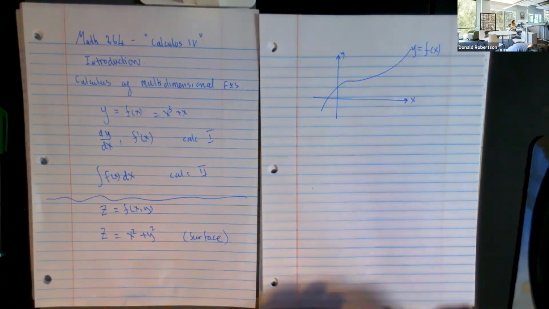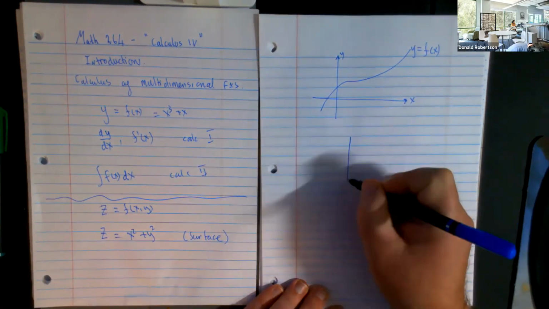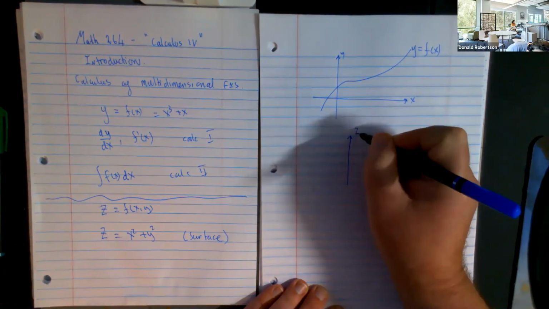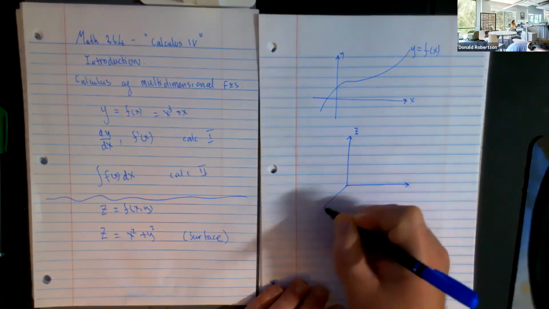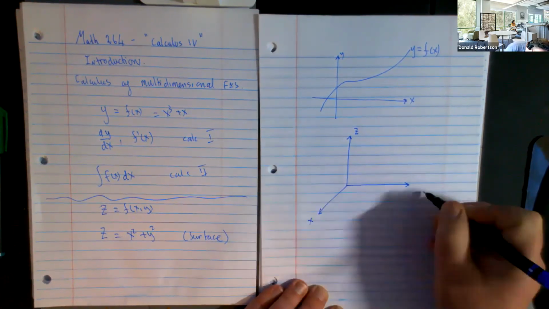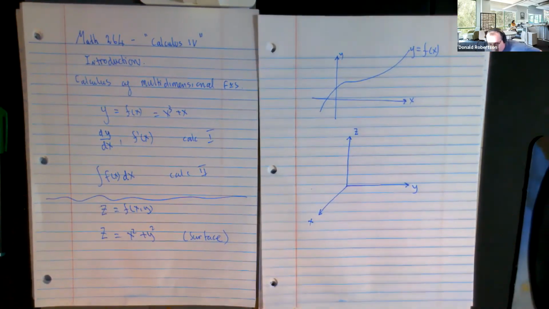And here we have a problem. It's a major conceptual problem. The problem is that we draw on two-dimensional paper for something that is a three-dimensional surface. So we have to figure out the best way that we can simulate 3 dimensions in 2.